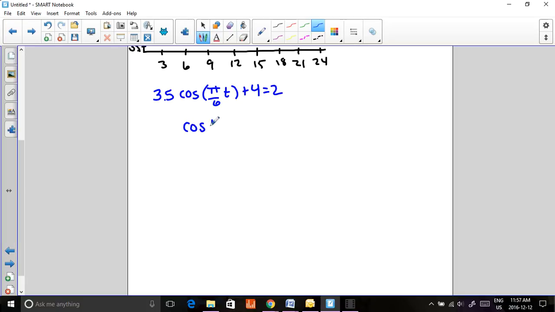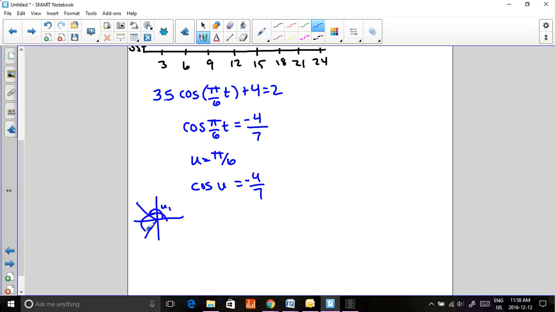So you get cos pi over 6t equals minus 4 over 7 when you rearrange. So u will be pi over 6. Cos of u is minus 4 over 7. Okay, 2 quadrants, this one and this one. So u1, u2.